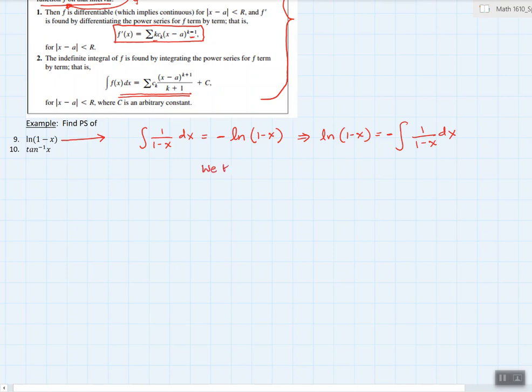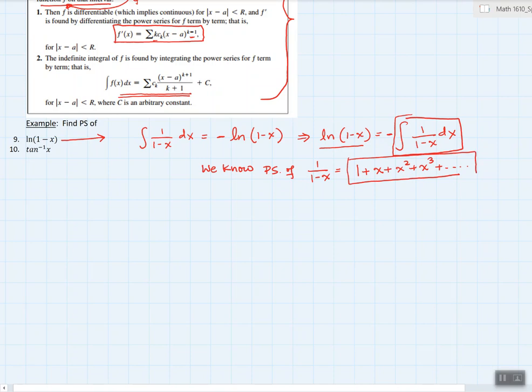We know the power series of 1 over 1 minus x, and that is 1 plus x plus x squared plus x cubed, and so on. So if I want to find this, all that I have to do is integrate this power series. This is exactly what this theorem is saying.